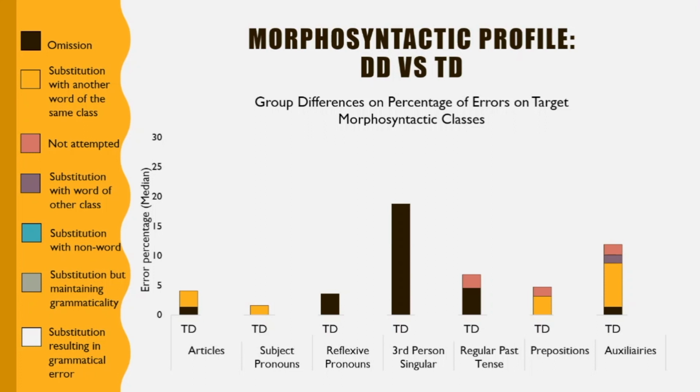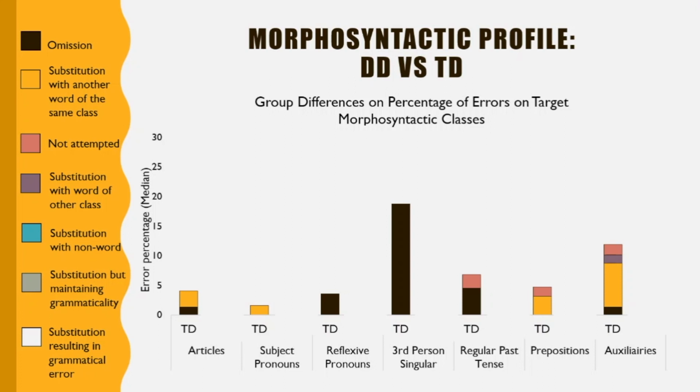So, for example, if you look at the kind of errors they are making on subject pronouns, the bar there is the shortest, the second bar, and that shows that this group of children do not tend to make errors on subject pronouns. And if they do, it's yellow, so it's an error of substitution, for example, substituting he for a she.